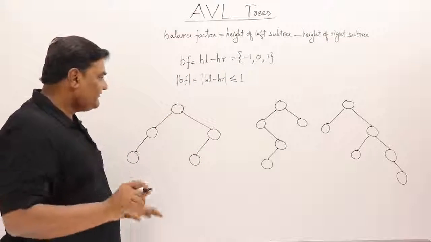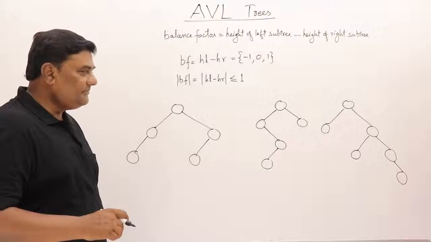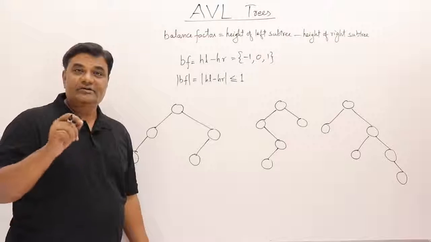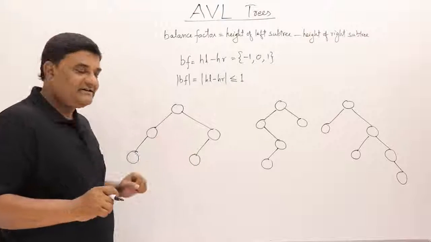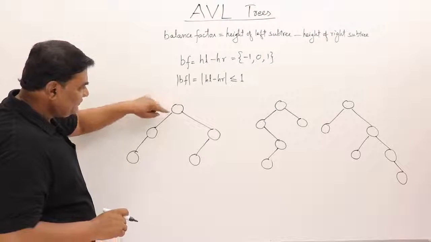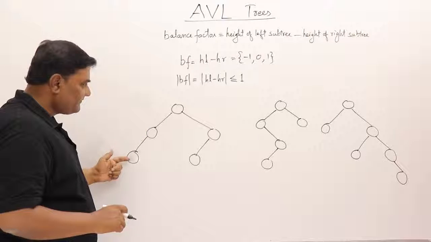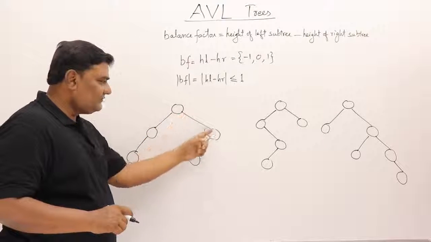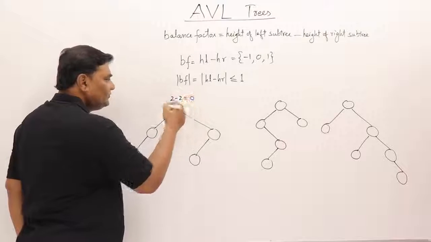Now here I have some binary trees. There are no keys, I have just taken empty, unlabeled nodes. Now let us see what the balance factors of this one are. So how to calculate: height of left subtree minus height of right subtree. For this node, what is the height of left subtree? You take the longest distance on the left side, 1, 2. And the longest distance on the right side, 1, 2. So this is 2 minus 2, this is 0.